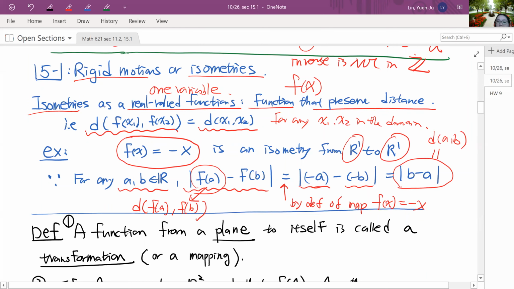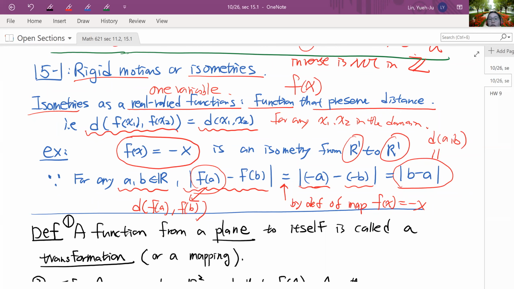Technically, I'm not done yet, because the definition we are going to use for isometry is stronger. I'll tell you the definition later, but we want a stronger one. Not only do we want it to be distance preserving, we also require it to be a surjective, onto map.